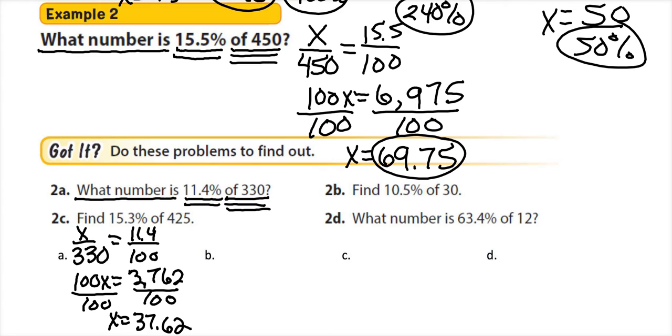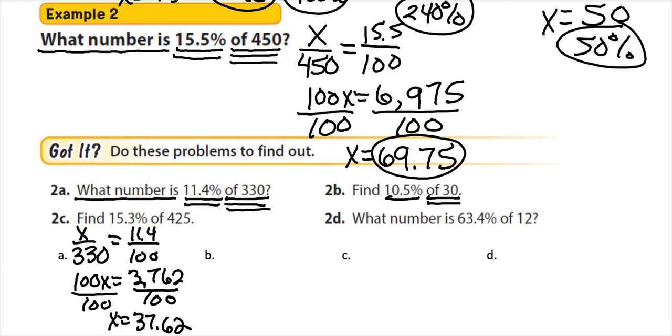Let's try letter B. It says find 10.5% of 30. This one's written a lot differently. It says find. Find doesn't tell us anything, so let's move on to the next part. It says 10.5%. And then we have of 30. So again, what are we actually missing? We're missing the is part, right? The part.